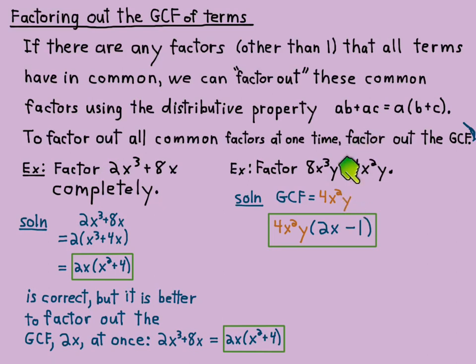And you factor out the x squared, and you factor out the y, and you're left with a 1, not 0, because what you're actually doing to find these things inside is you're taking these things, and you're dividing them by 4x squared y. And then when you do that, the 8 over 4 is 2. x cubed over x squared is x. So you need to know those rules of powers, right?